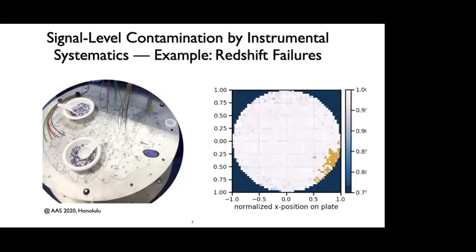So let me start with the signal level contamination. Here I just want to give one example of one instrumental systematic that we worried about. This particular one is the redshift failure. Since BOSS is a spectroscopic survey, we measure the galaxies' redshifts, but we don't always succeed in obtaining the redshifts due to various reasons like broken fibers, CCD cameras, seeing conditions, and so on.